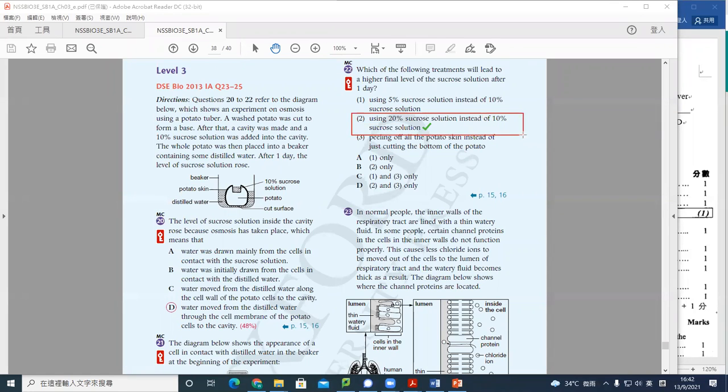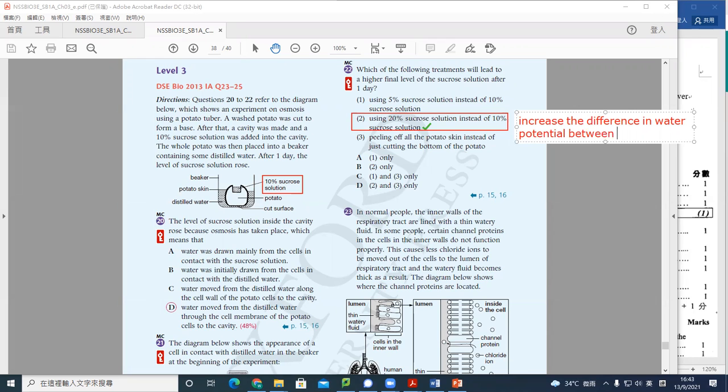By using 20% sucrose solution inside, this would increase the difference in water potential between inside and outside.